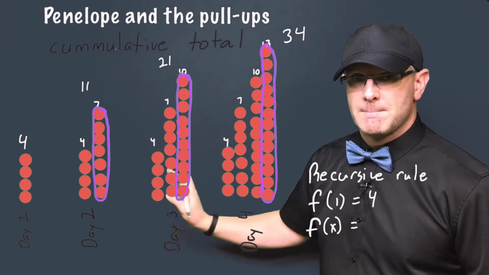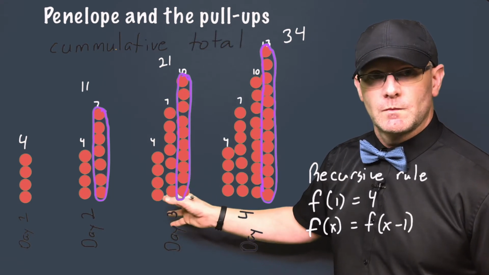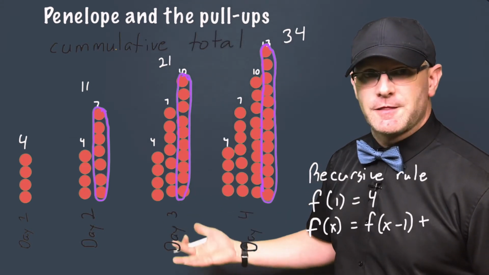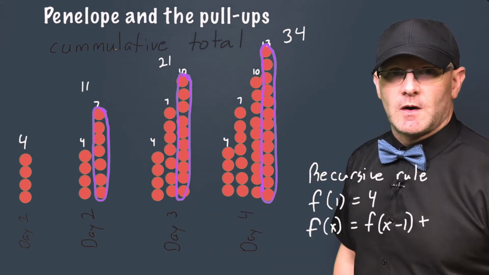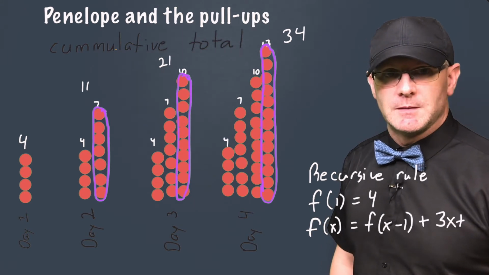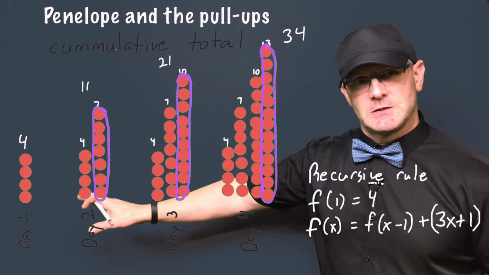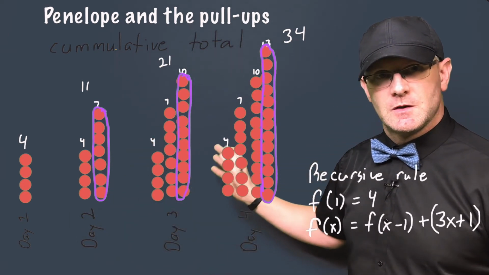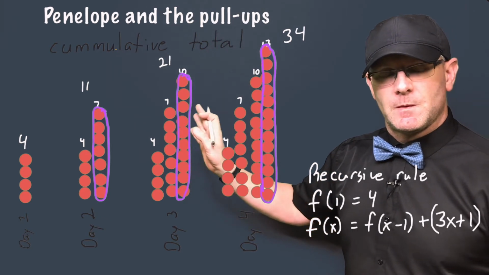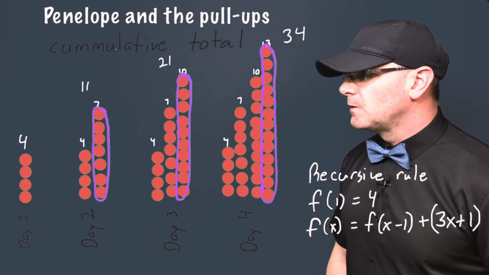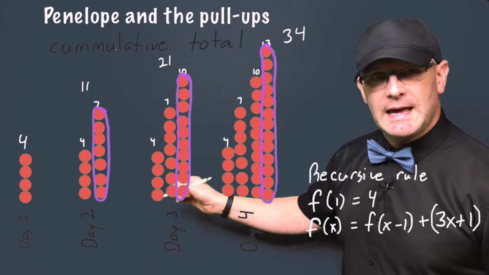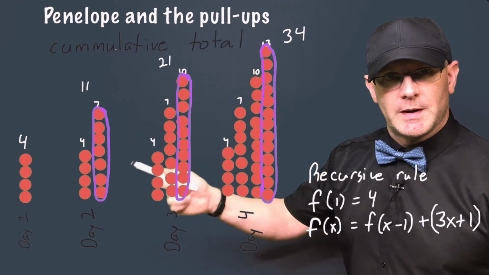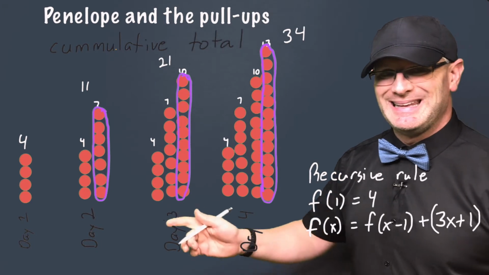So we have the total plus day 4. 4 times 3 is 12, plus 1 is 13. Day 4, we're adding 13 to our total to get up to our 34 total pull-ups for that day. Based on looking at our image, we can see that we're adding just that linear piece. We're adding the day's total, and we can find that day's total by using our explicit linear expression.